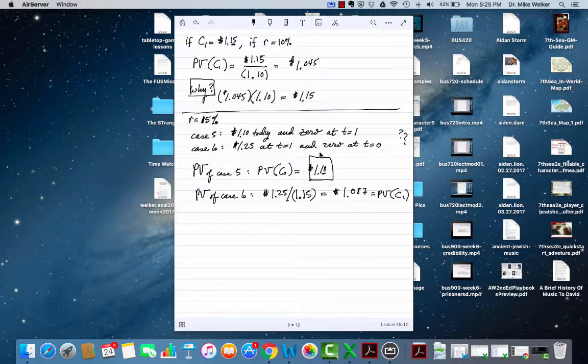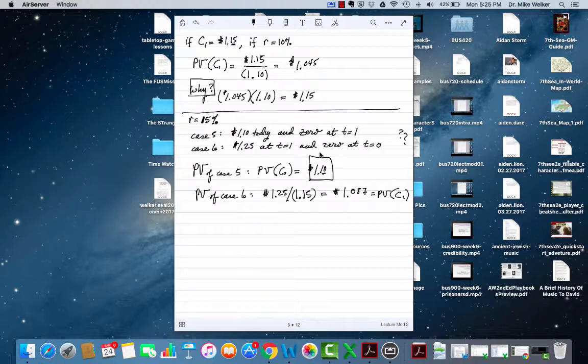What's the most you would pay for case 6? The most you would pay is $1.087. If you paid 1.087 in time period 0, and it was earning 15% interest, that would turn into $1.25.